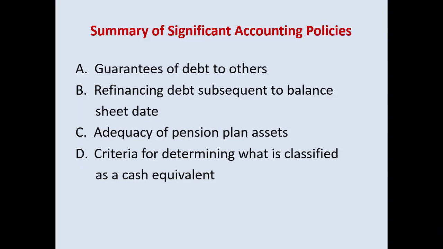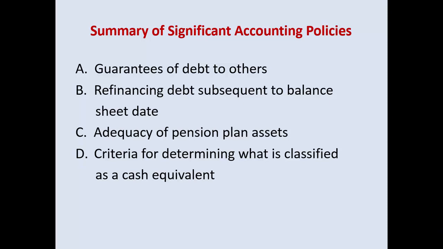So, the summary of significant accounting policies. Let's do a little practice. Is it A, guarantees of debt to others? B, refinancing debt subsequent to the balance sheet date? C, adequacy of pension plan assets? Or D, the criteria for determining what is classified as a cash equivalent? So what goes in that category?